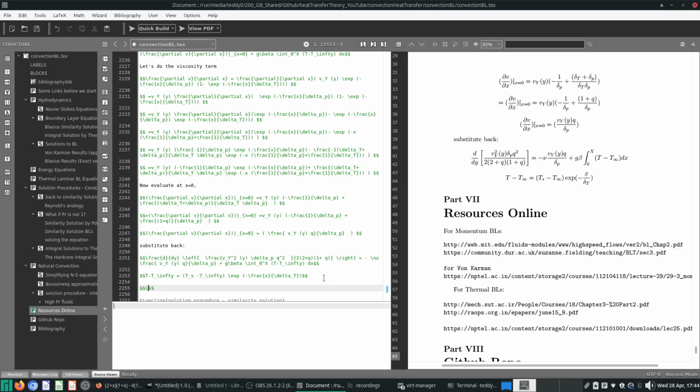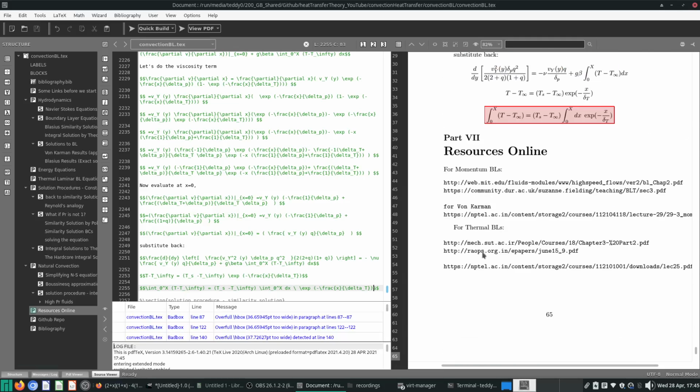Integrate from 0 to x of T minus T infinity equals, okay, I'm going to bring T minus T infinity out. Integral from 0 to x of dx of exponential whatever this is. I'm going to copy and paste.